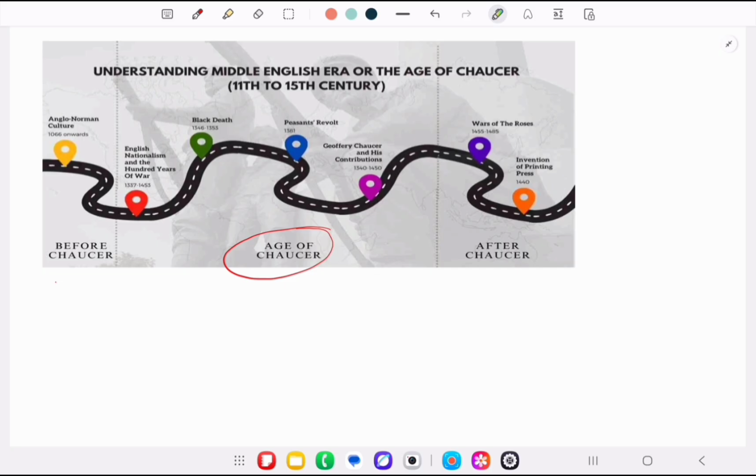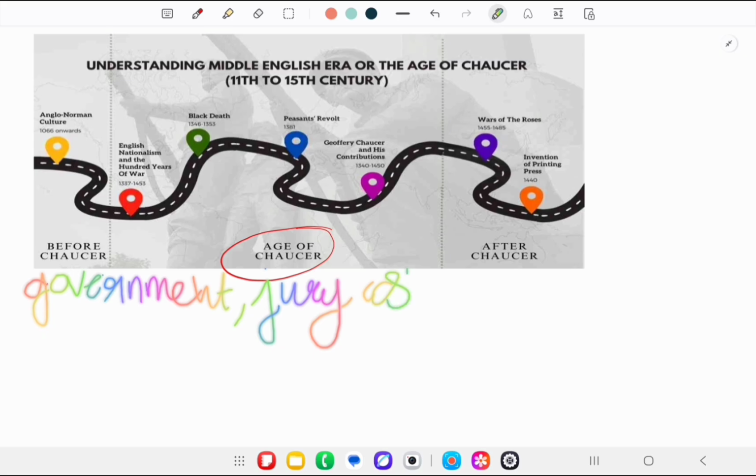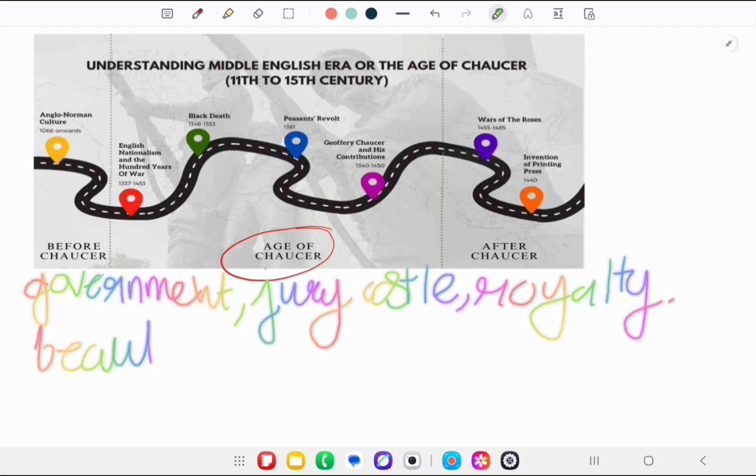The French loaned numerous words to English such as government, jury, castle, royalty, beauty, color, art, and even poetry.